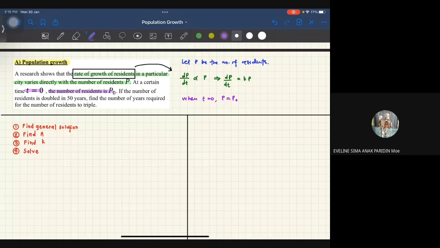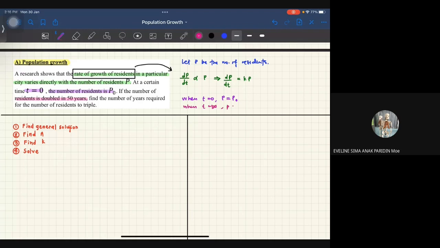Dia kata lagi, if the number of residents is doubled in 5 years. So, dia sebut perkataan doubled. So, maksudnya, number of residents is doubled in 5 years. Okay, so information yang ketiga, which yang terakhir yang soalan bagi, dia cakap doubled in 5 years, maksudnya T is equals to 5.